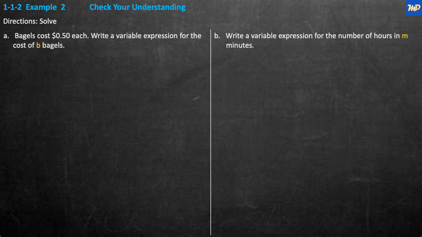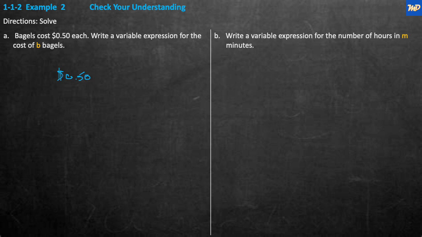Okay, example 2, check your understanding. Solve is the direction. Solve these two problems. A, bagels cost 50 cents, okay, dollars, 0.5 each. Write a variable expression for the cost of B number of bagels. Well, it's 50 cents per bagel, and we want how many bagels?